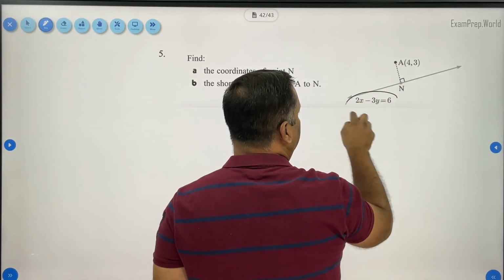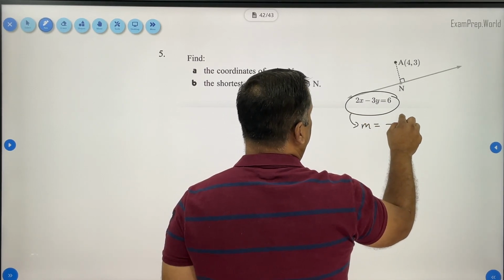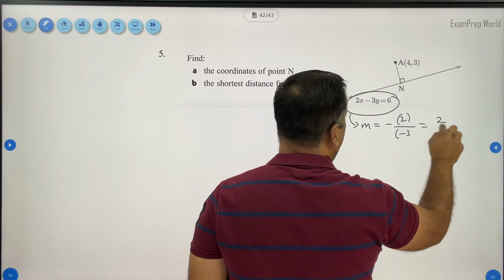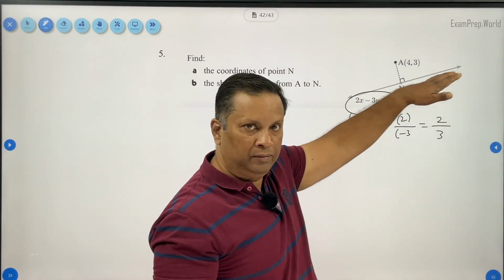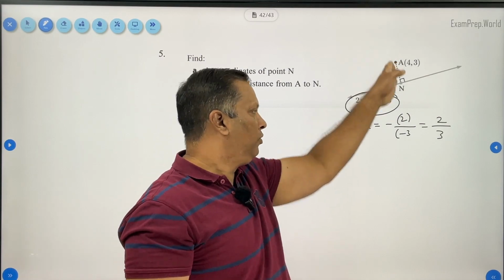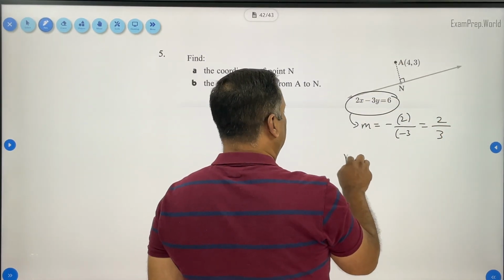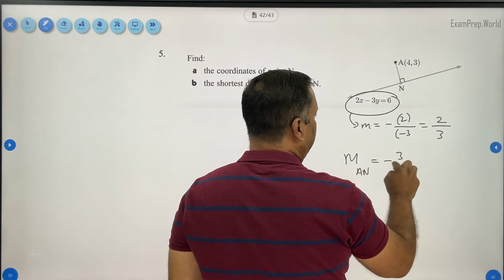So first find the gradient of this. M equals minus of 2 by negative 3, which is 2 by 3, the gradient of the gray line. Now what is the gradient of AN? The negative reciprocal of this, therefore m of AN will be minus 3 by 2.